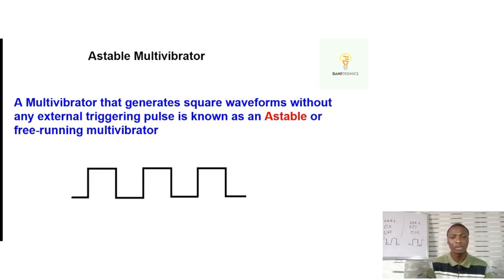That means the LED keeps flashing on and off without any external triggering, or sending any pulse or control to the circuit. Just by connecting power to it, it begins to oscillate and generate pulses. That is an Astable multivibrator.